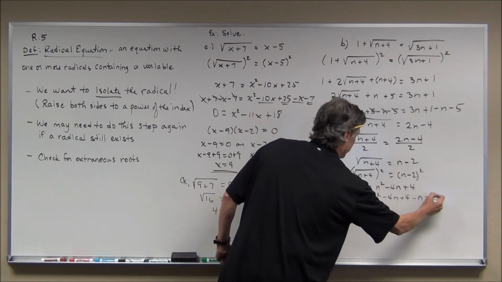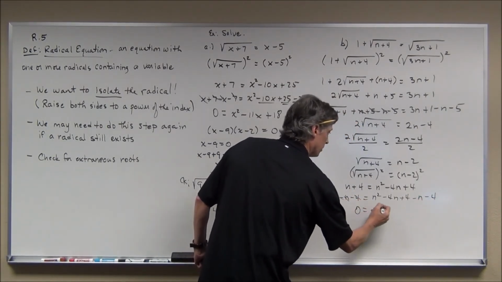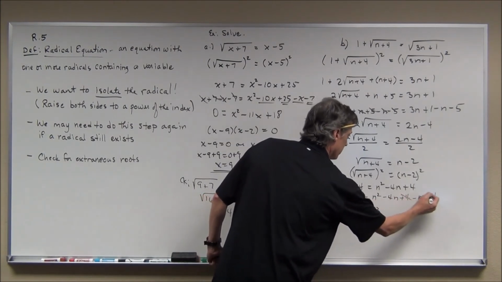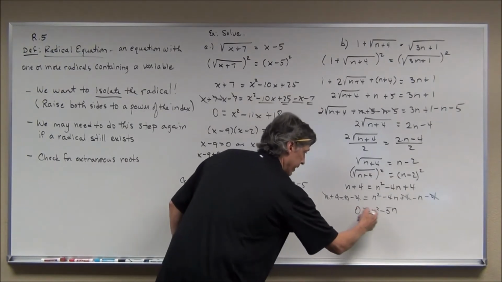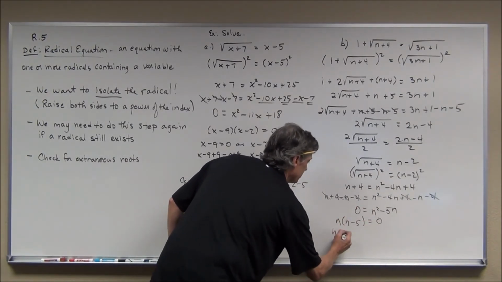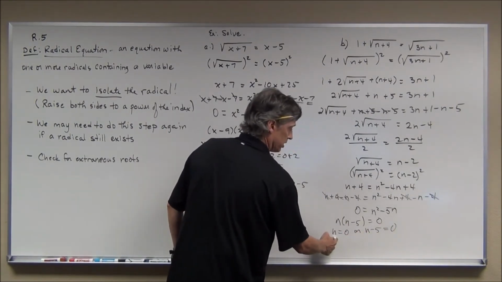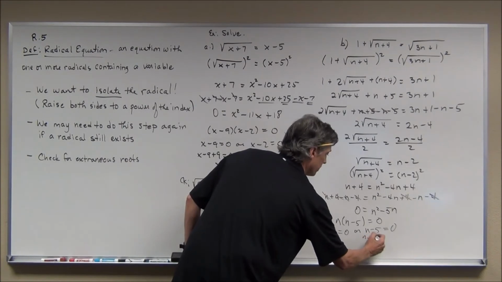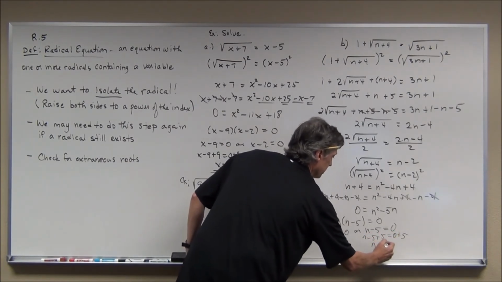And I end up with 0 equals n squared minus 5n. I can factor out an n, flip the sides, so that gives me n is equal to 0 or n minus 5 equals 0. Now that one's already solved, but here I'd have to add 5 to both sides, and I have n is equal to positive 5.